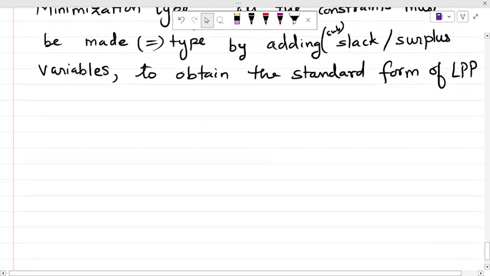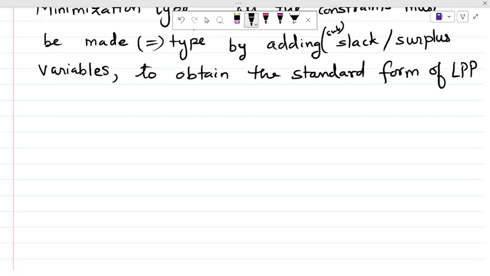So let's see, for example, we'll take up now a question. A lot of theory we saw right now, so we will take up a question here.